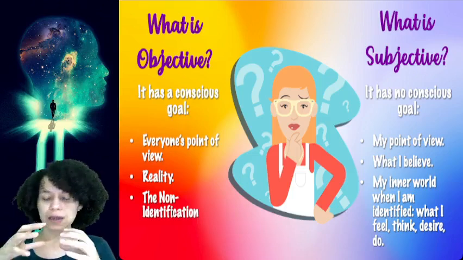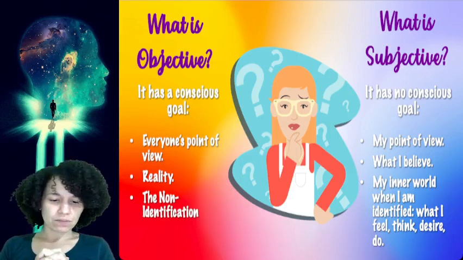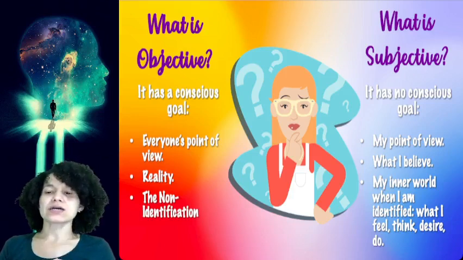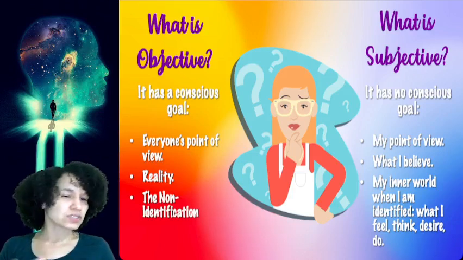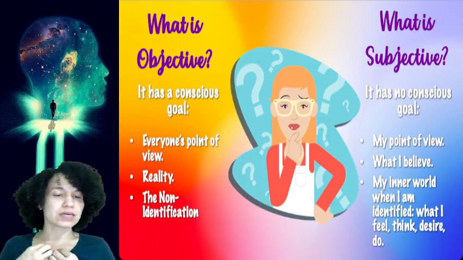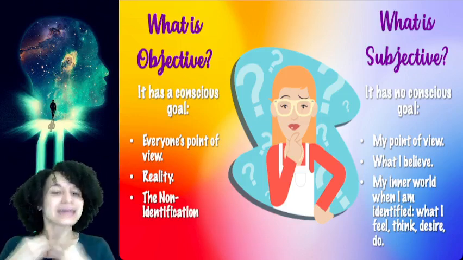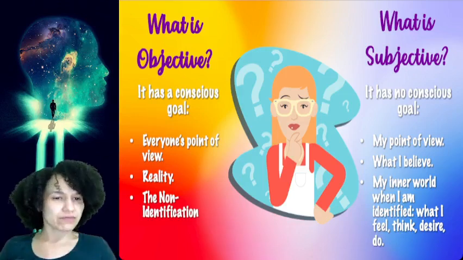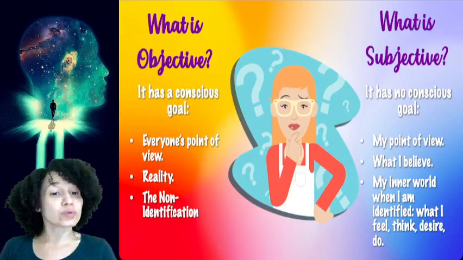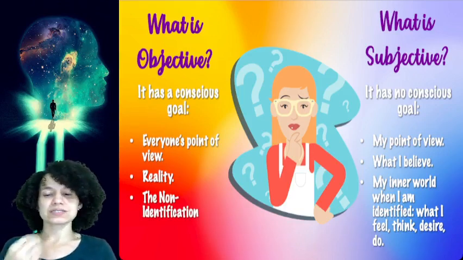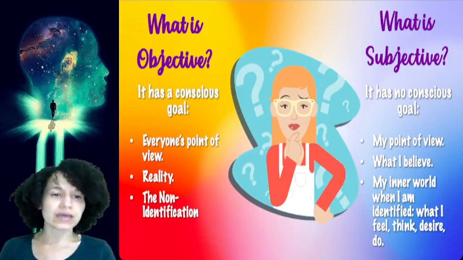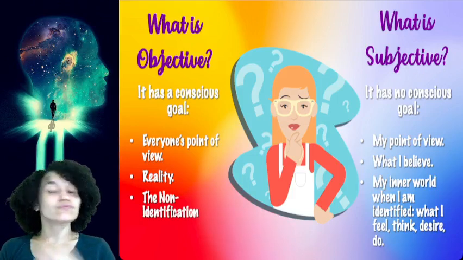So it's like pigeonholed into a concept, my concept. So it takes into account only what is related to my inner world, when I am identified with what I am feeling, with what I am thinking, with what I am desiring and doing. And as we know, it is all the projections of our own ego. Okay, so it's like the unreal.